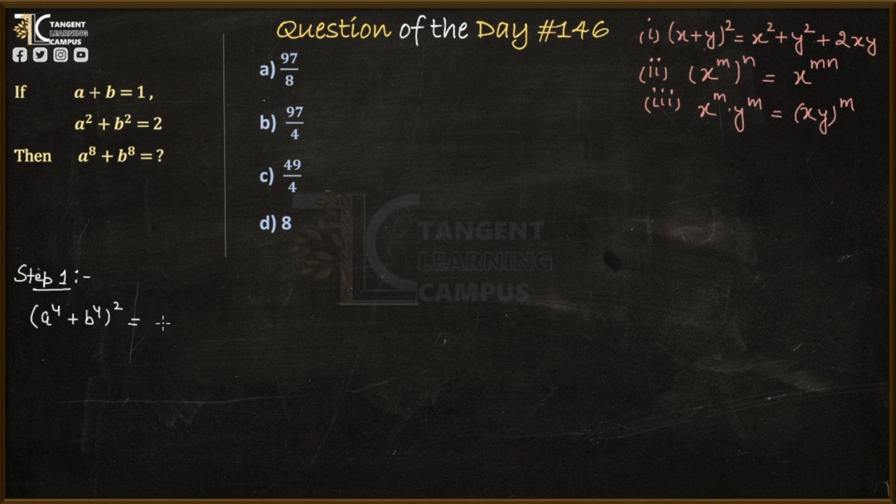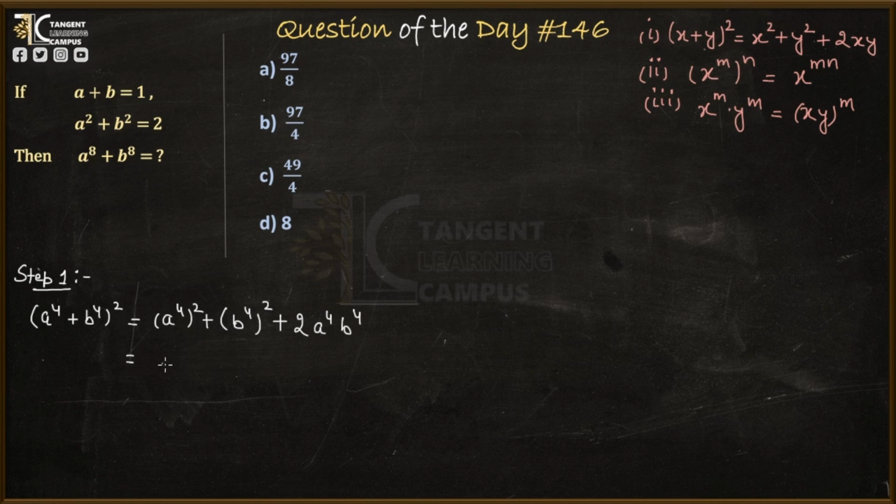So we can apply the first formula here. By applying the first formula on the right hand side we can write down a to the power 4 square plus b to the power 4 square plus 2 times a to the power 4 b to the power 4.